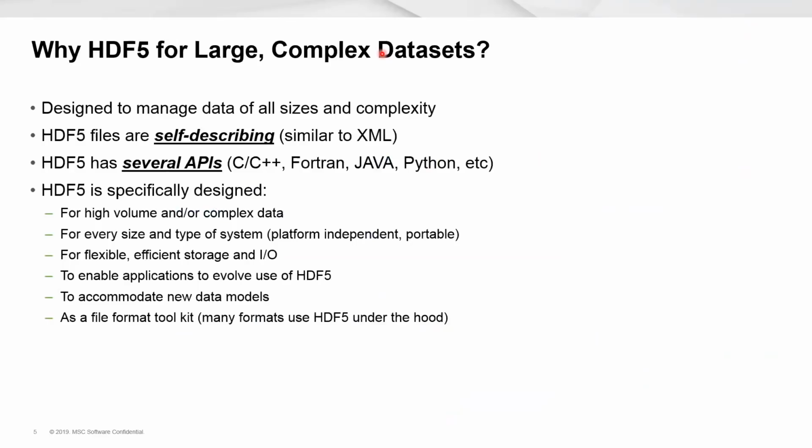So why large complex data sets? I probably touched on all the key themes, but it really is designed to manage any kind of data type and complexity, and FEA data certainly fits into that scenario. The nice thing is that they're self-describing. If you've ever worked with FEA data, it can be one of those where you don't quite know what you've got when somebody hands you a model if you're not familiar with it.